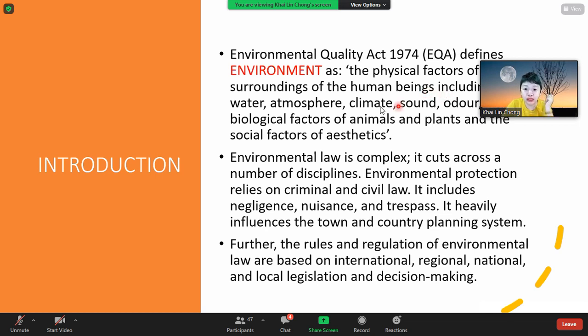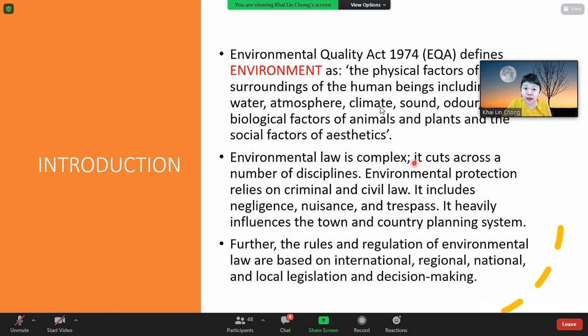Okay, including lands, water, atmosphere, climate, sound, odour, taste, and the biological factors of animals and plants, and the social factors of aesthetics. Okay, so ini maksudnya dia merangkumi semua. Bukan sahaja human beings. Tapi kalau tengok di belakang, dia ada biological factors of the animals and plants. And also the social factors. Okay? Alright.